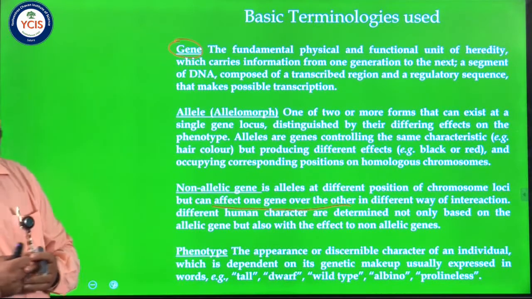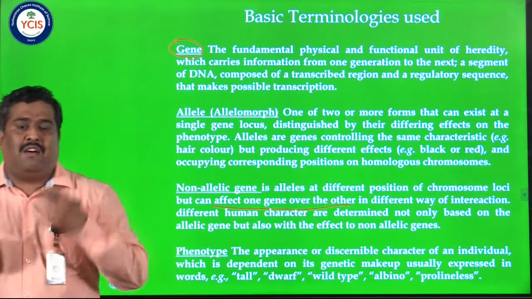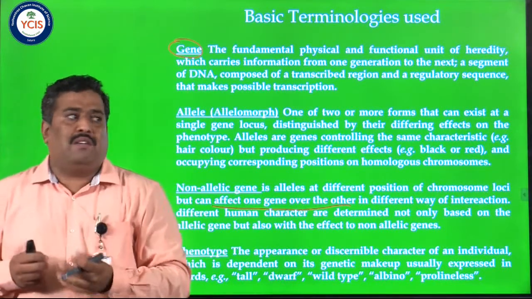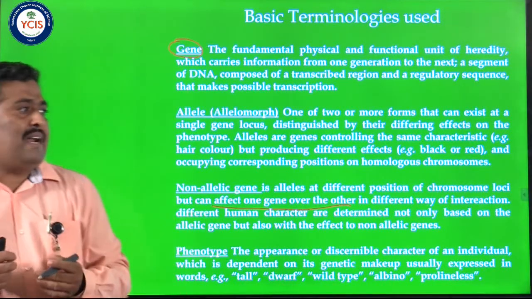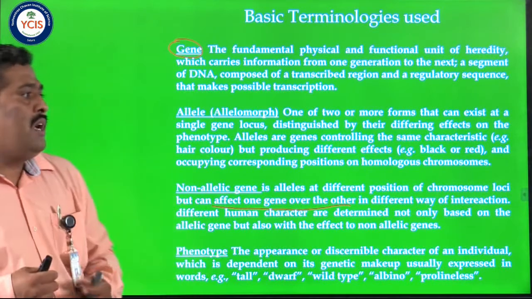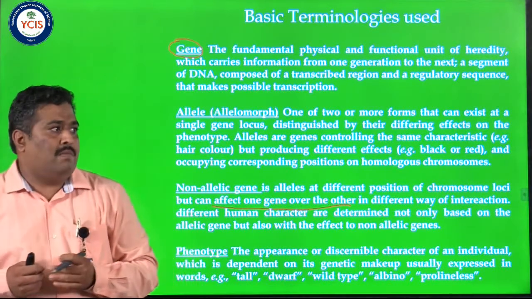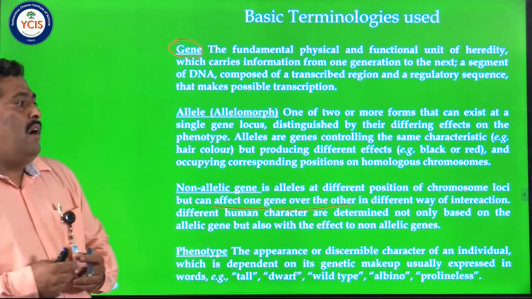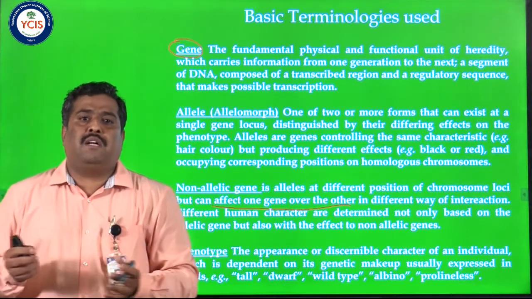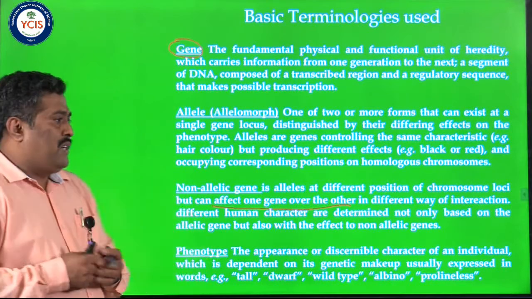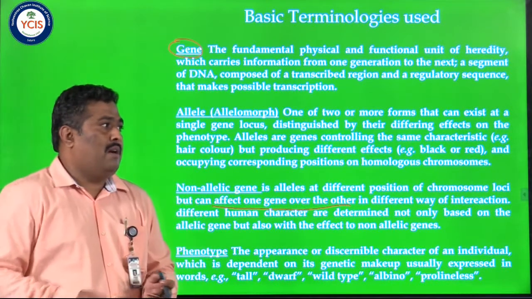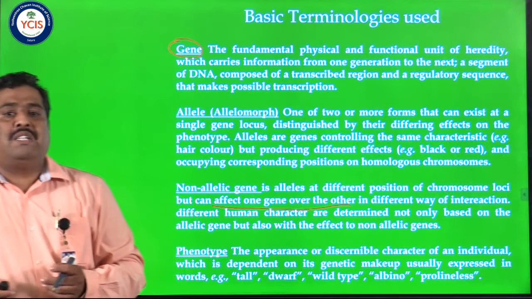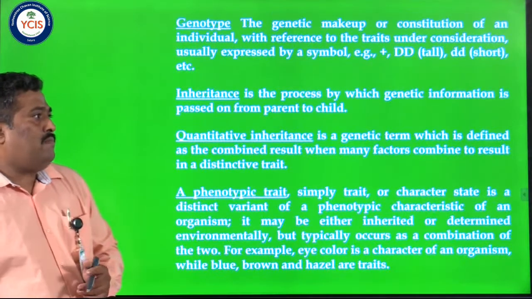Then phenotype. The phenotype is the physical or morphological appearance, or the character of an individual, which depends on the genetic makeup. For example, tall or dwarf, or wild type and albino, are some of the phenotypes which we generally study in genetics.